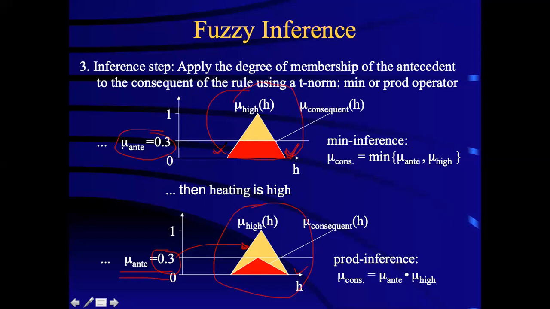So these two are the possible outcomes. Let me just tell you that the combined membership value you have would result in heating levels which are represented by this red region here. Either this red region will be there, if you apply min, or otherwise this red region, if you apply product. But you can very easily see here that this is a truncated membership function, or this is the reduced membership function in case of product.